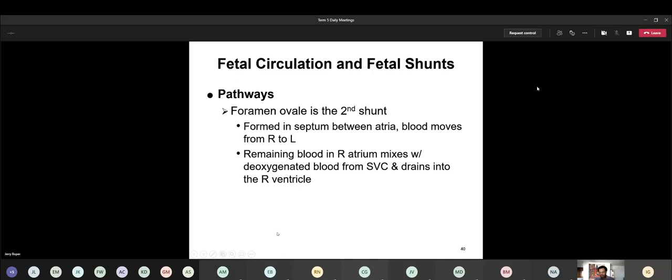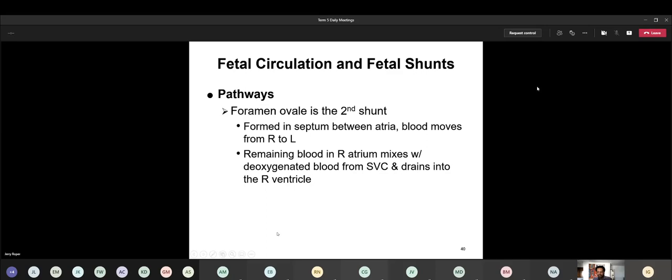And then the foramen ovale, as we know, is the place where you're going to ensure that the blood will end up going to the left side of the system, which is where it's going to do the most good. Because if it all tried to go into the right atrium, then the right ventricle, and then into the pulmonary artery, that's not really going to benefit the fetus at all.